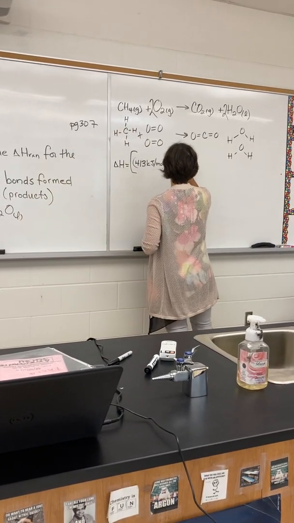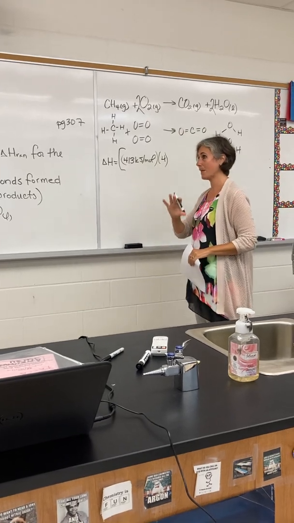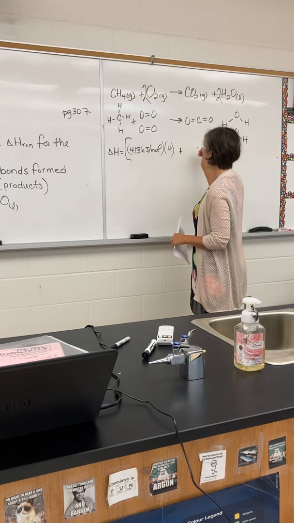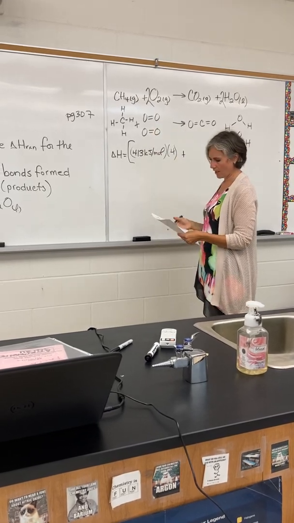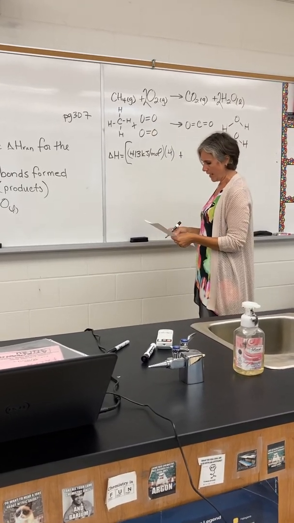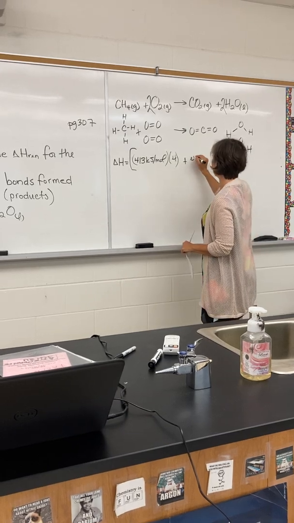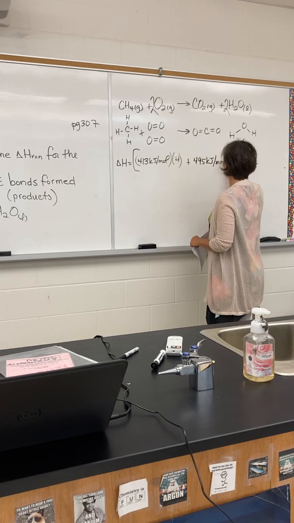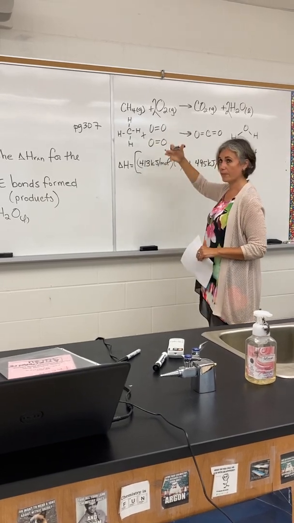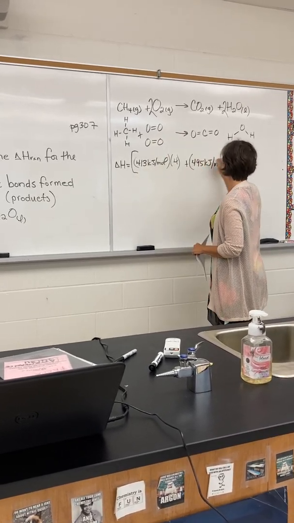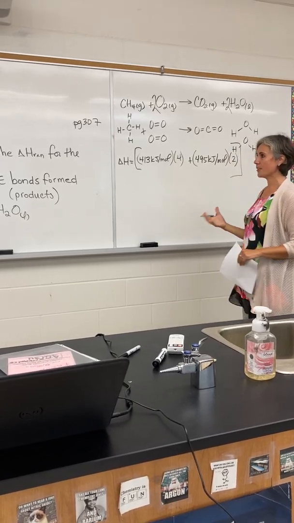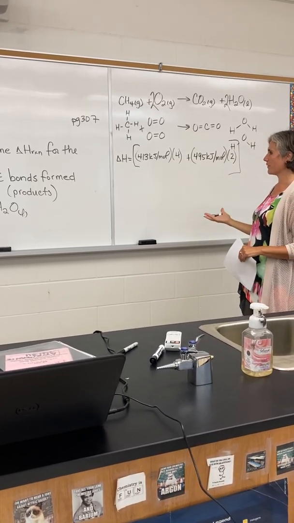We always have to multiply it by the stoichiometric coefficients from the balanced chemical equation. Okay, and to that, we're going to add the fact that we need to break an oxygen-oxygen double bond, and that's 495 kilojoules per mole. Right? But there's 2 of them, one for each oxygen. Okay, so that's the energy that's going to be required to break all of our bonds.